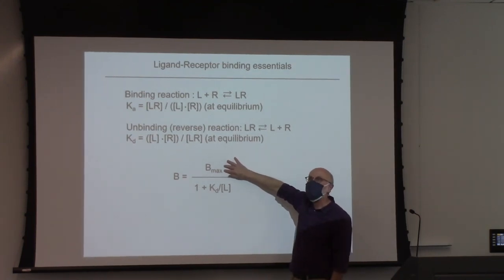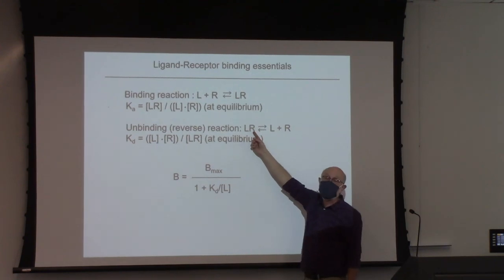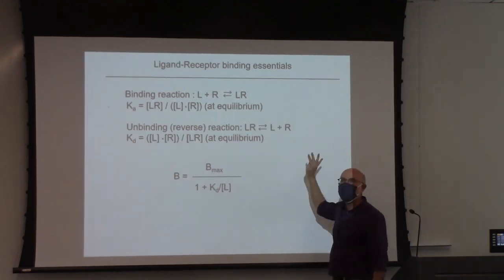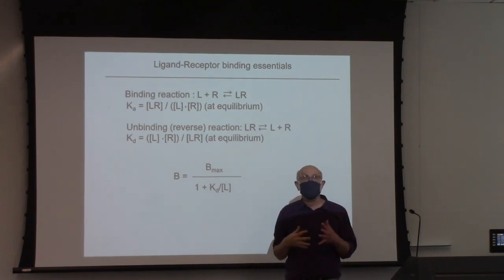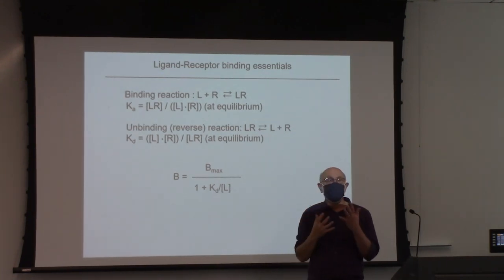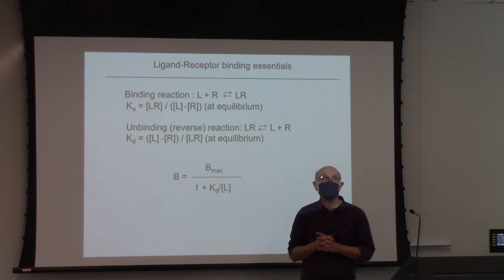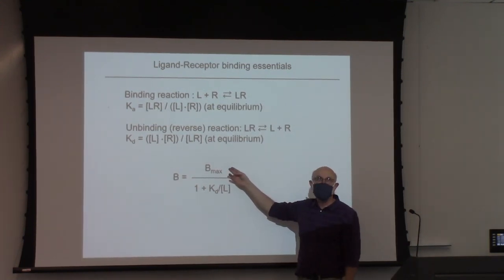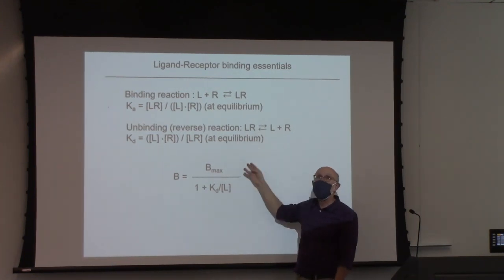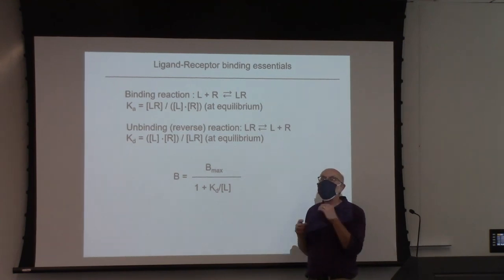Well, what's the maximum amount that can be bound? It's the concentration of receptor. But we want to put the receptor aside and just call it the maximum amount that can be bound, Bmax. That is a factor that is due to the number of receptors. Low number of receptors, low Bmax. High number of receptors, high Bmax. Typically, we normalize this to just whatever the receptor is.